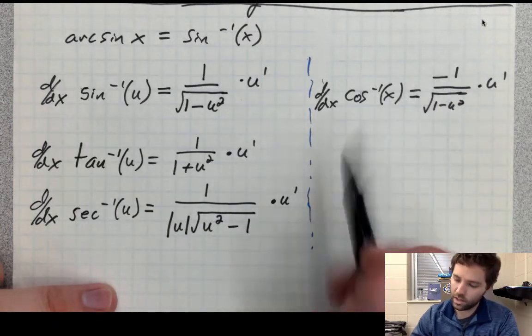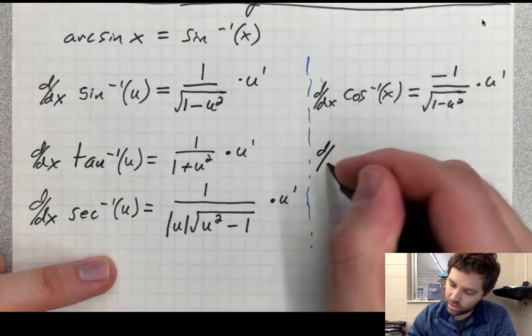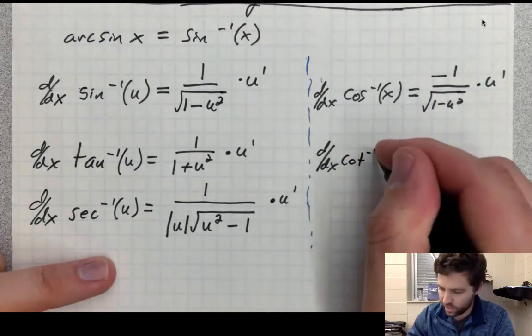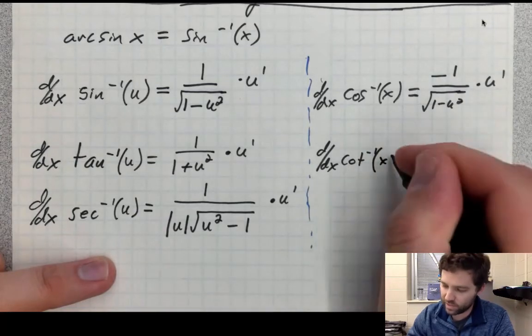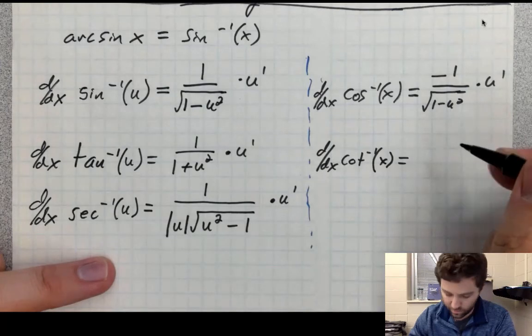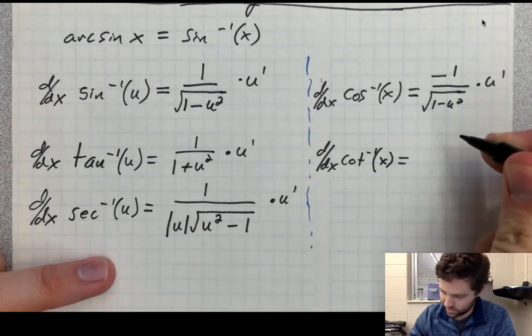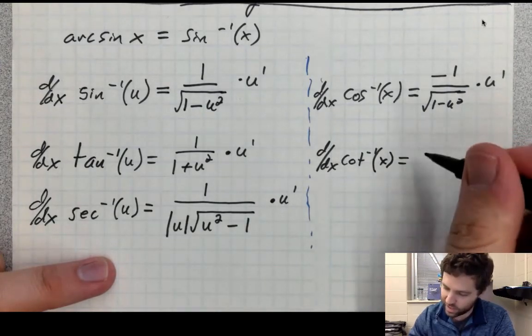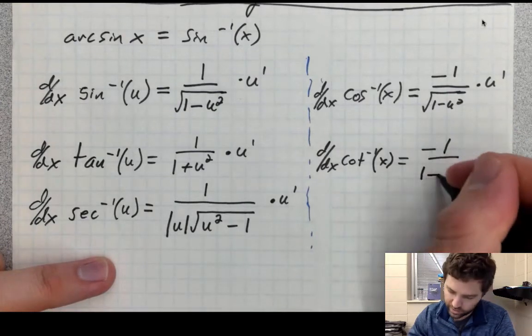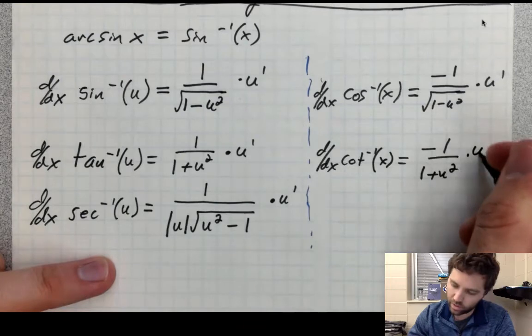So when we take the derivative of inverse cotangent, which, by the way, if inverse sine and inverse cosine are not that common, inverse cotangent is even more so, or less so. Anyway, the derivative of that will be negative 1 over 1 plus u squared times u prime.